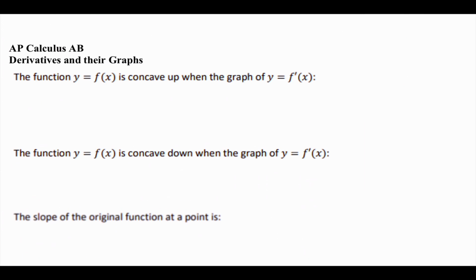Yep. Concave up, concave down. The first one we did today. Where did we look for concave up and concave down on our graph? Where the graph was increasing. Another way of saying increasing is where the slope was positive.